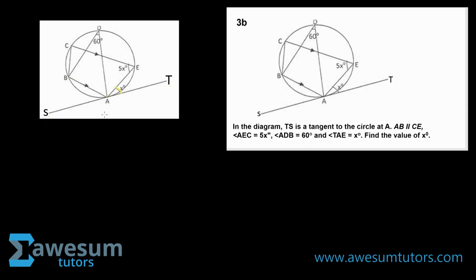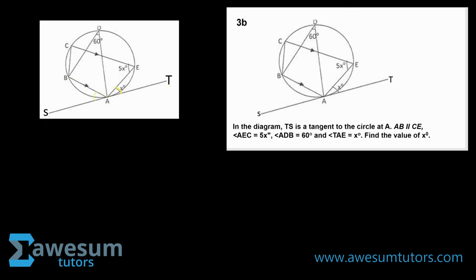I'll repeat that again. The theorem says that the angle between the tangent to a circle and a chord through the point of contact is equal to the angle in the alternate segment.